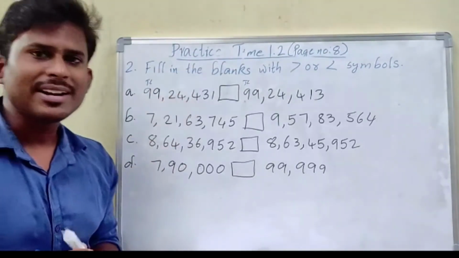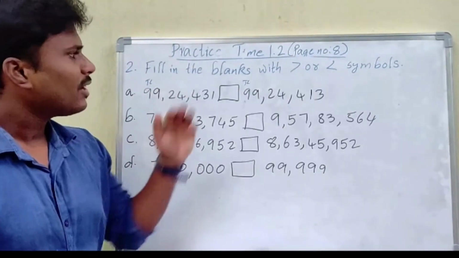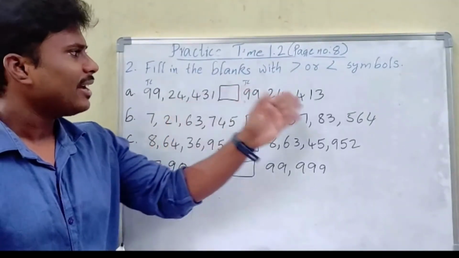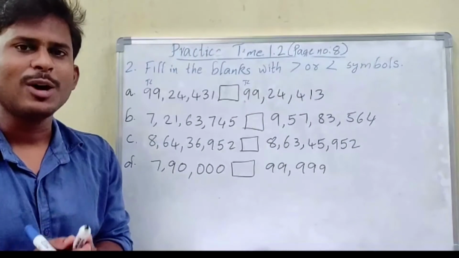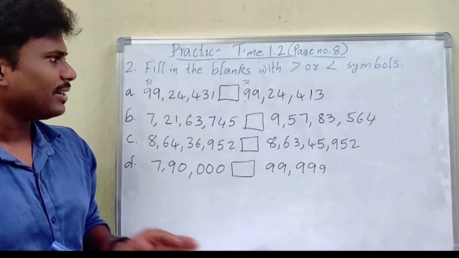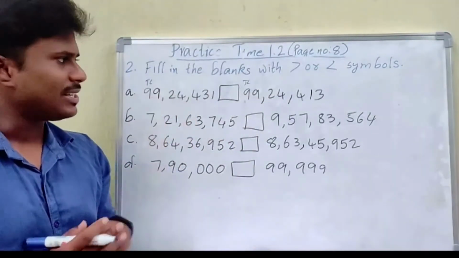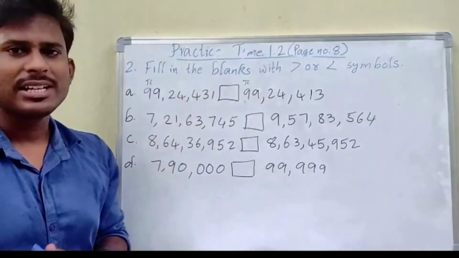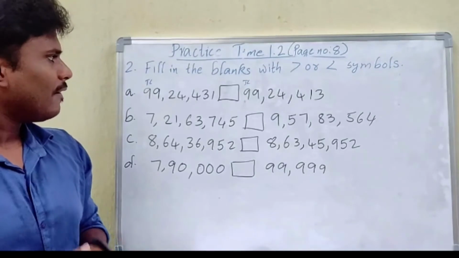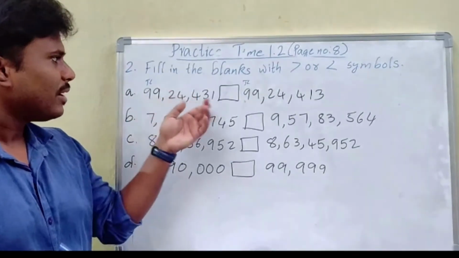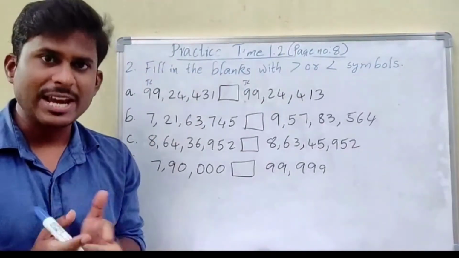And last go for hundreds place, 4, 4, same. Tens place we have 3, and here tens place we have 1. Now look here, which digit is bigger? So this or this? 3 in the tens place gives 30, 1 in the tens place gives 10. So which is greater? This number is greater comparing with the tens place, because all the previous places are same, equal.